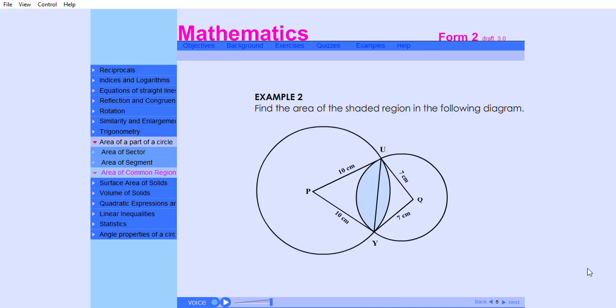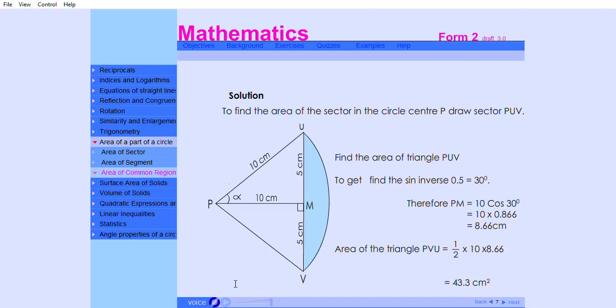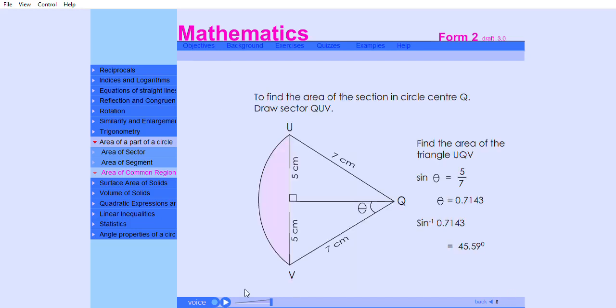Example 2. Find the area of the shaded region in the following diagram. To find the area of the section in the circle with center Q, draw the sector.